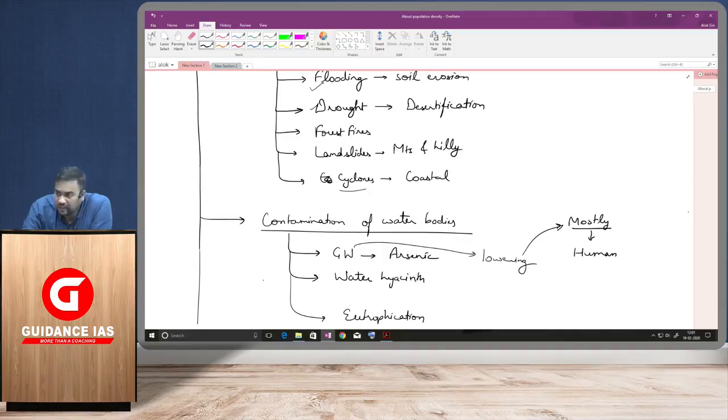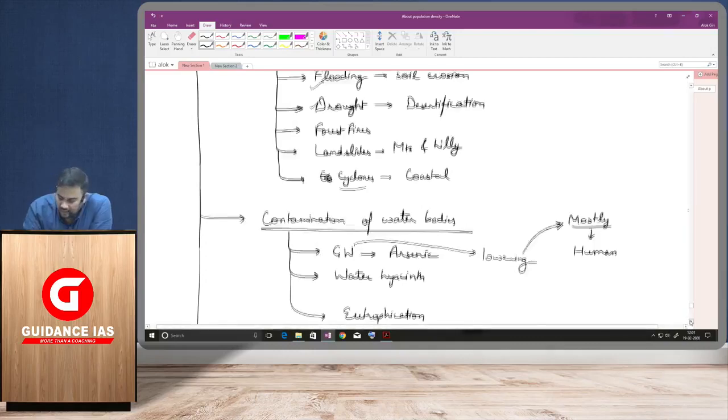What is happening? In many of the fragile areas we are doing developmental activities, due to which there is more degradation taking place, faster degradation taking place. So what we have to do, we have to protect those sites. You don't have to destroy the mangroves, you don't have to destroy the coral reefs. That is the way you will be essentially protecting.